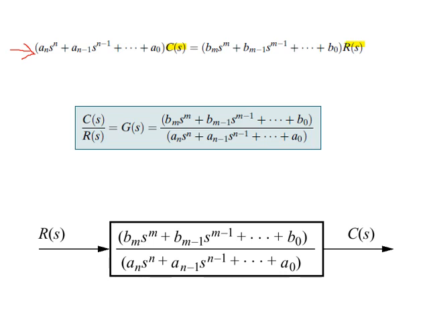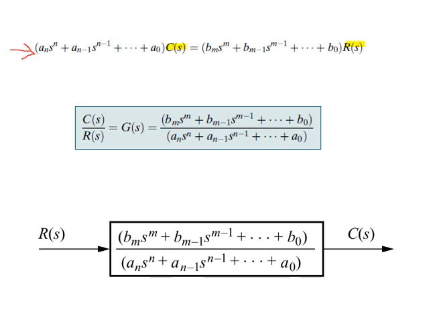Now, using cross multiplication, we'll reach the desired transfer function C of s over R of s, which will also be represented by G of s.